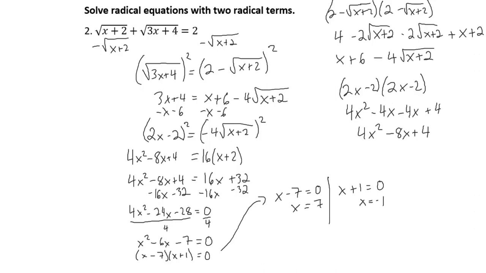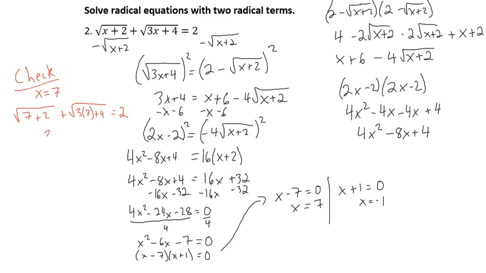And again, because this is a radical equation, we need to check our solutions. So let's start by checking x equals 7, and that will give us the square root of 7 plus 2 plus square root of 3 times 7 plus 4 needs to equal 2. 7 plus 2 is 9.